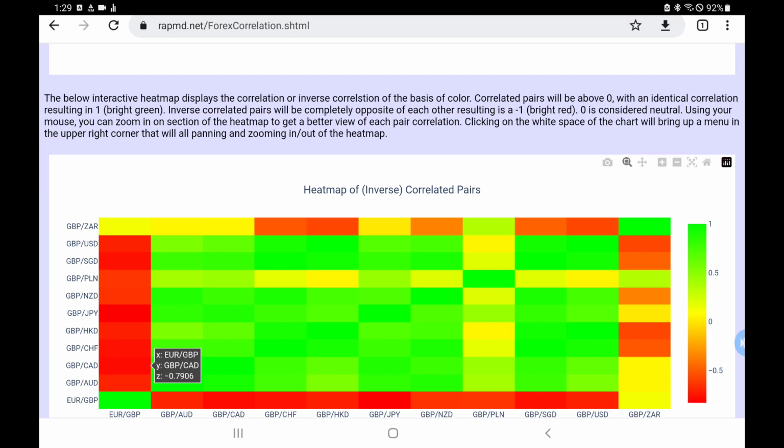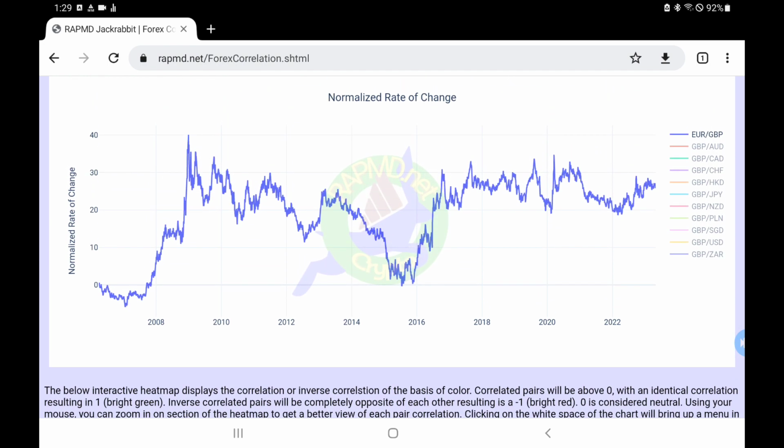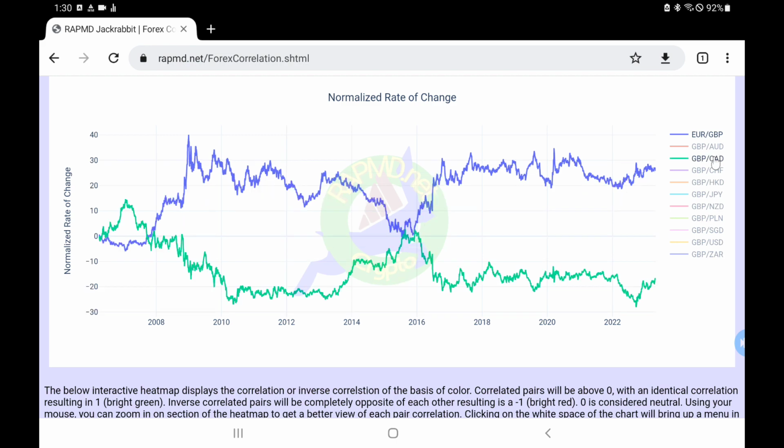GBP Canadian dollar. Okay, let's go here and only single click. And now we see that they are indeed inversely correlated. When one goes up in price, the other one goes down in price.